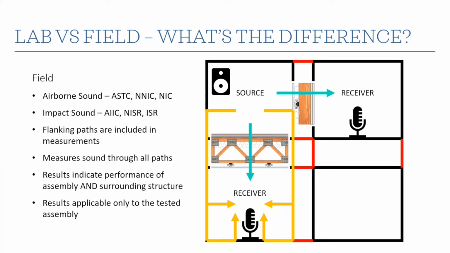So you can't necessarily take this result and apply it somewhere else in the building. And it's certainly difficult to take that result and accurately extrapolate to some other building and have a good idea of what you're going to get there. So field measurements are really good at identifying what's going on in that specific space, but less indicative of what you'll get somewhere else.